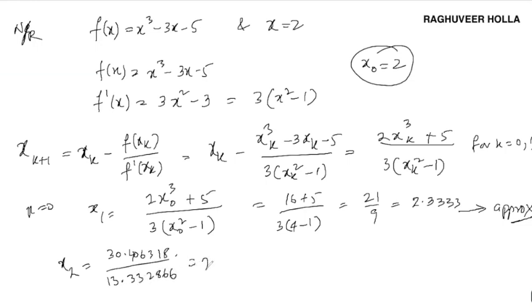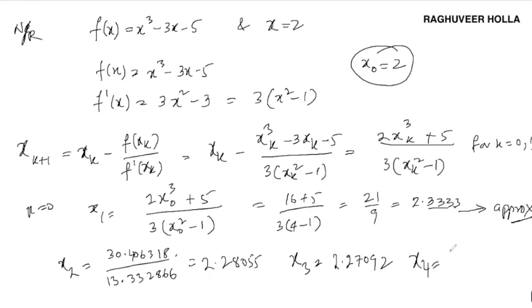So this is 2.28055. As you can see, there is a lot of variation here, and this would be 2.27092. So you can see there is a 0.1 decimal change here.